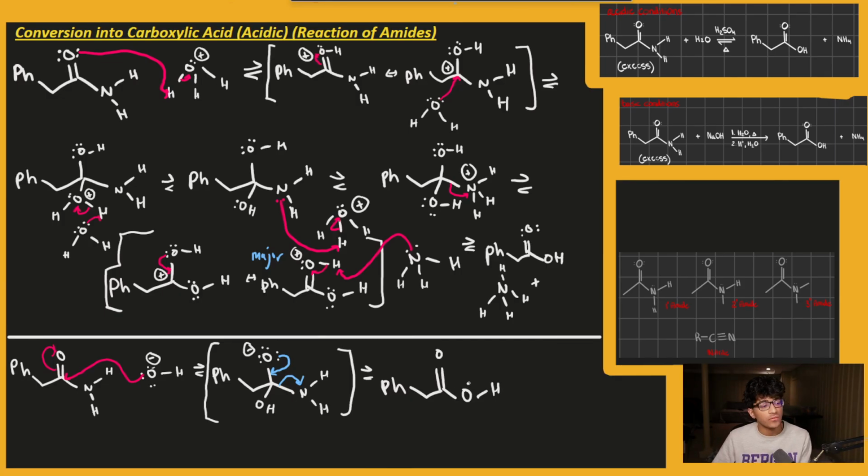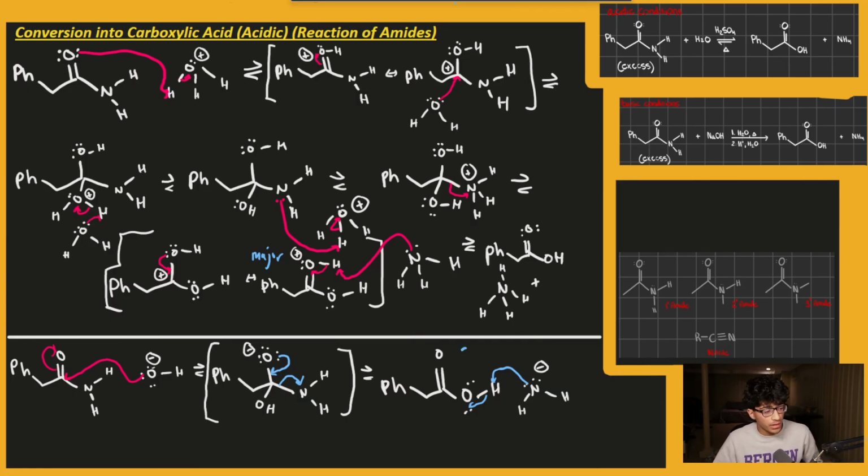However, this is not the final answer because we're in basic conditions. NH has a negative charge, right? So since we're in basic conditions, it's going to deprotonate this, and we're going to form something called, let me just check my notes, a carboxylate.